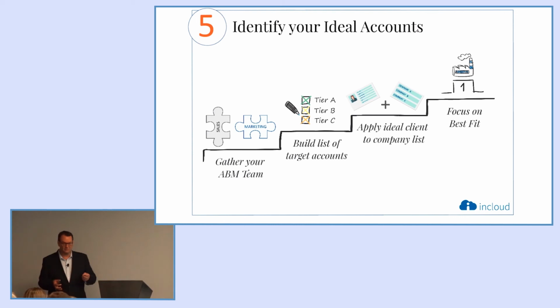You might end up with 25 or 10 companies to start with, and then now you've got a clear understanding of exactly what you're going to be going after, and then that's when you have to start developing out your content plan to address that best fit for that particular client.